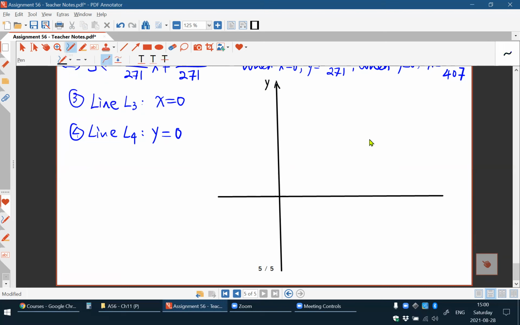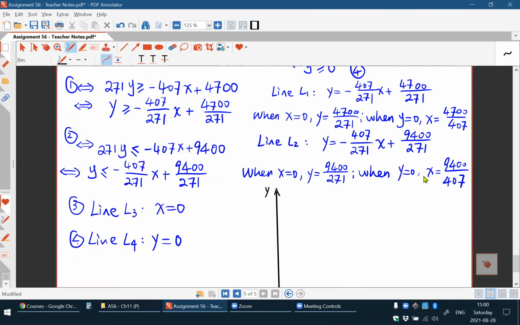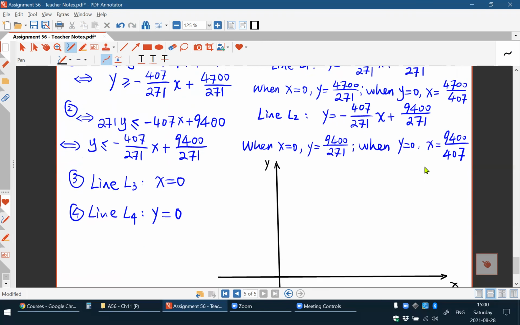Okay, y-axis and x-axis. So first line passing through 2 points. First, 0, 4700 over 271. Suppose it's here. I suppose this value is here.